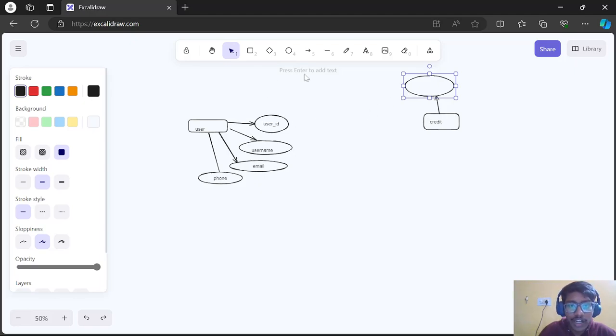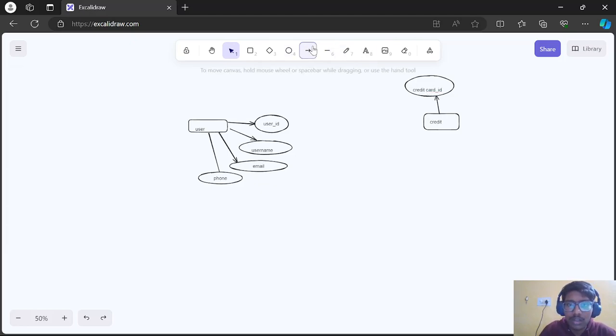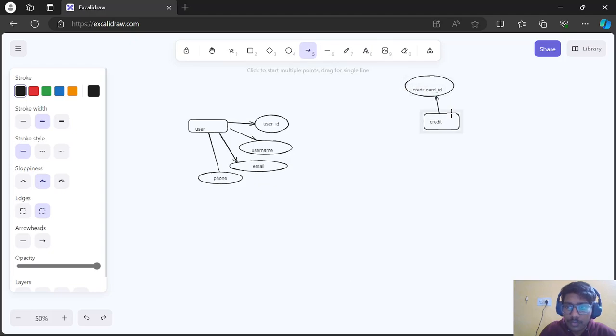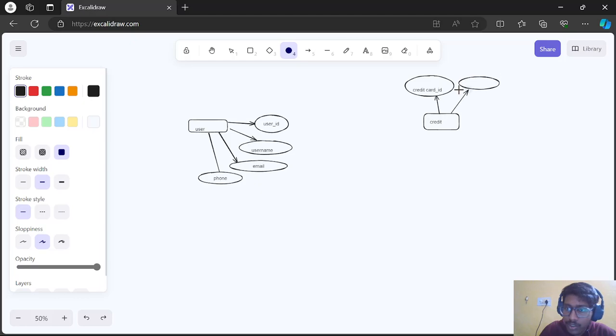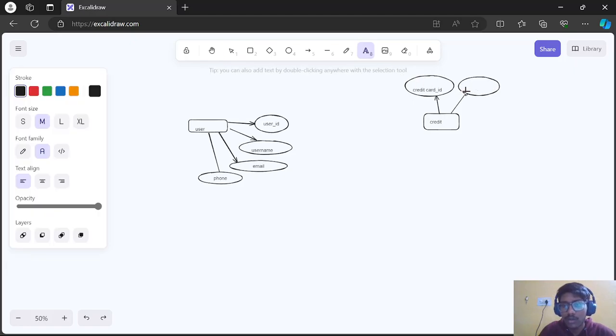That would be the credit card ID. Let's write it in short form, credit card ID. And the next attribute would be the user, the one who is going to use that specific credit card.